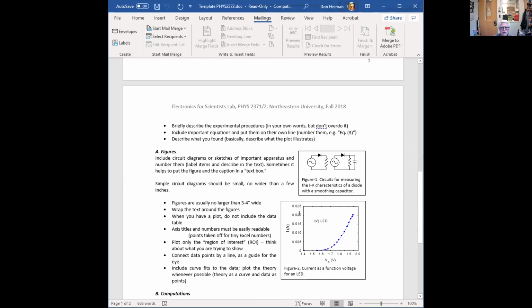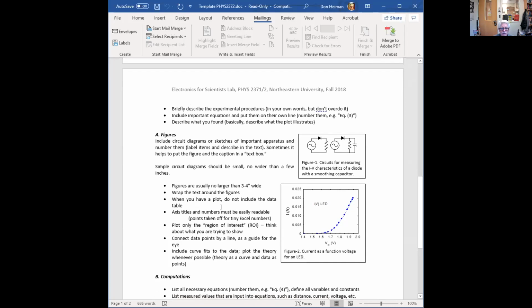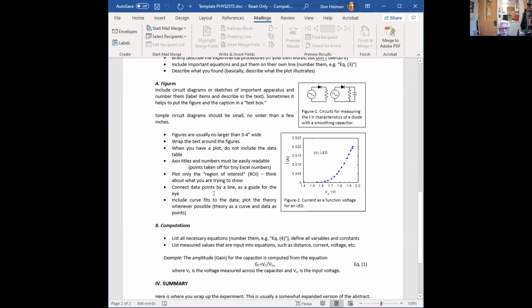And figures should be fairly small, and you can save space by wrapping text around the figures. Figure out how to do that if you haven't done that. Very important, make sure that you can read all the numbers and the lettering in the figure.